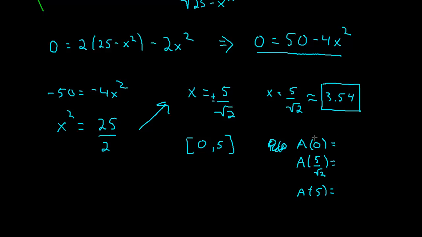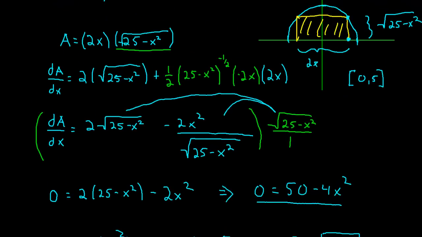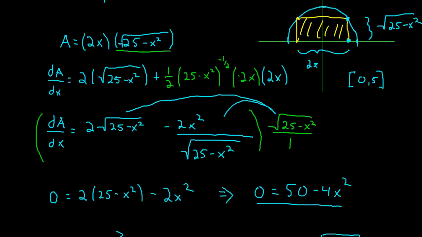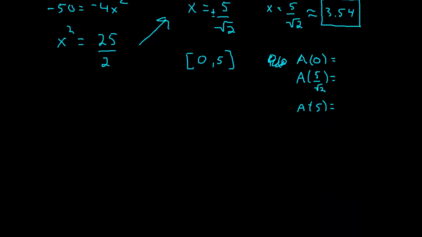If you substitute 0 back into your original area function, here's your original area function right here, you're going to get 0. If you substitute this in for x, you're going to get 25. And then finally, if you substitute 5 in for x, you're going to get 0 again.